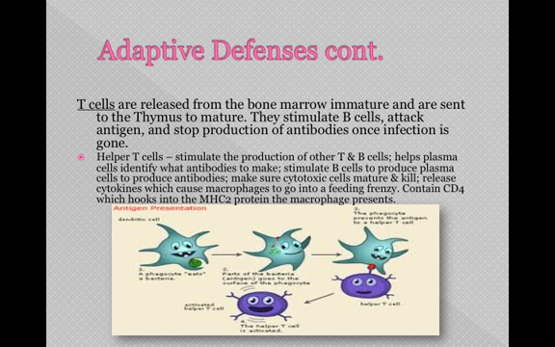That protein that the macrophage presents is called the MHC2 protein, and the CD4 on the helper T cell will recognize it, and it will be activated once it recognizes that.